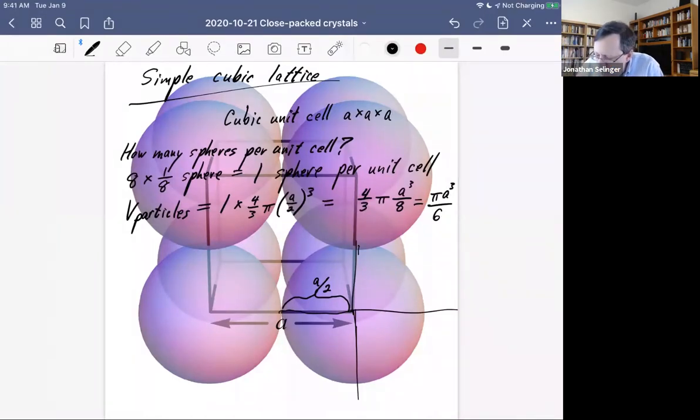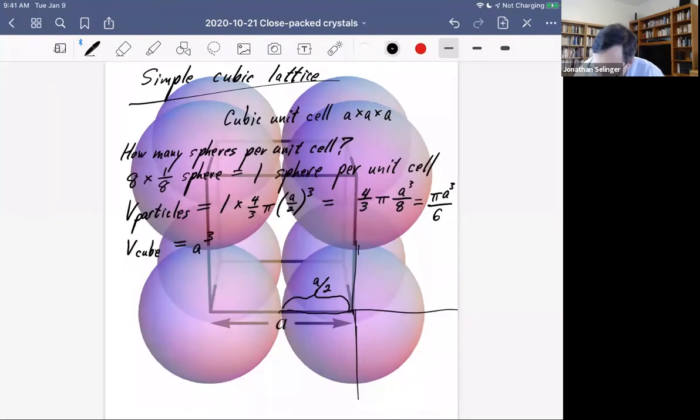Okay. And then we can compare that with the total volume of the cube. It's a cube, which is a length a on each side, so the volume is easy. That's just a cubed.